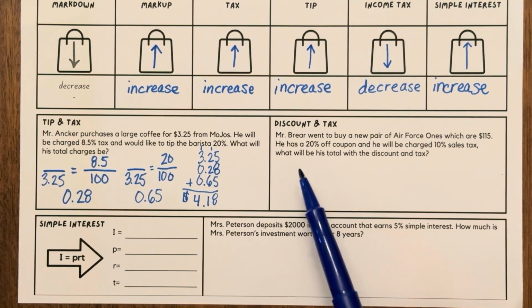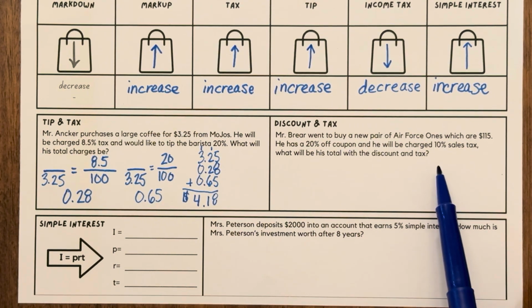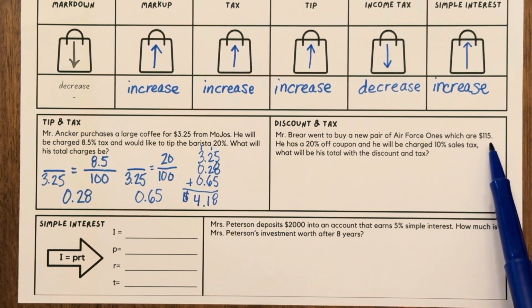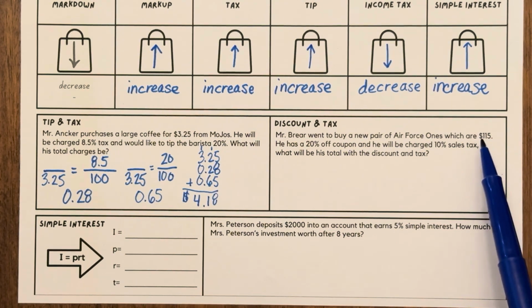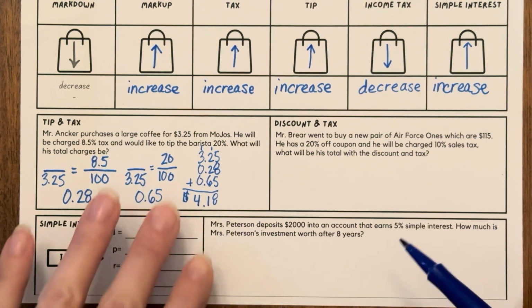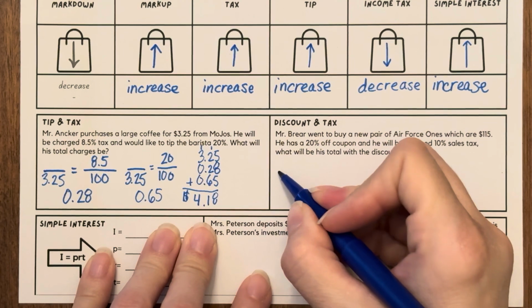You apply the discount first. Then you take the new price after the discount to pay your sales tax. You don't want to pay sales tax on the $115 because that's not how much you paid for the shoes. You want to pay the sales tax on what those shoes are actually costing Mr. Breer.